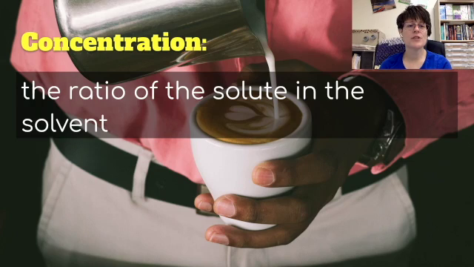Something else we have to talk about with homogeneous mixtures or solutions is concentration. This is the ratio of the solute and the solvent. So here we see somebody adding milk or cream to some coffee. And so that is changing the concentration as they add more solute to the solvent.